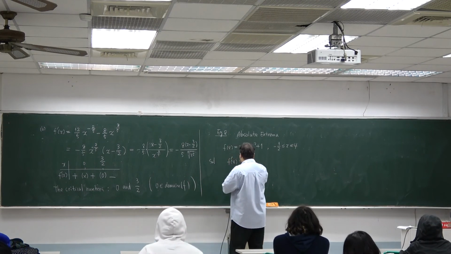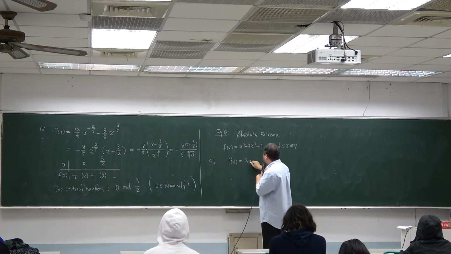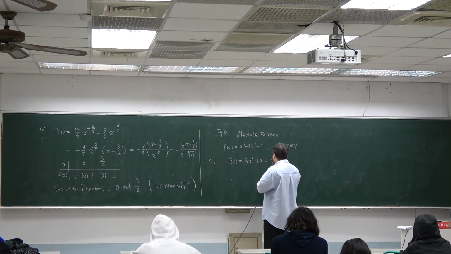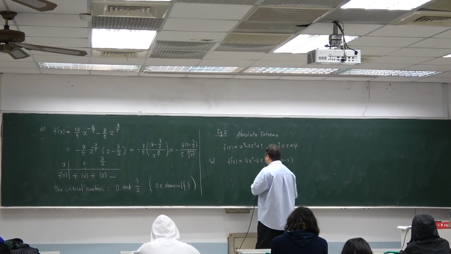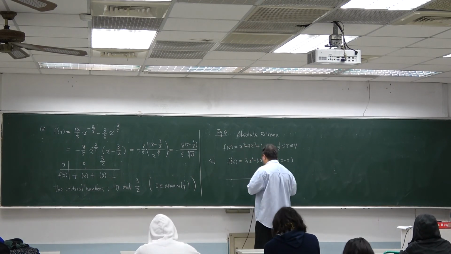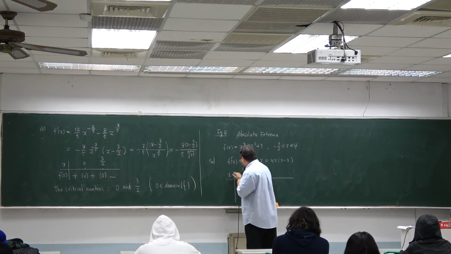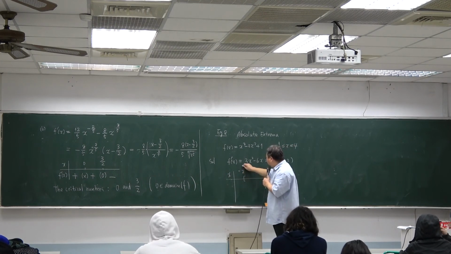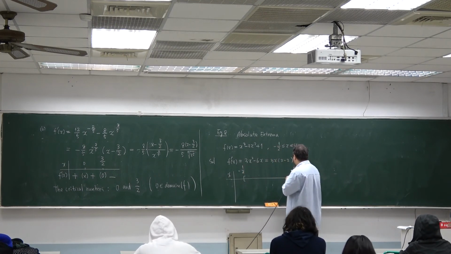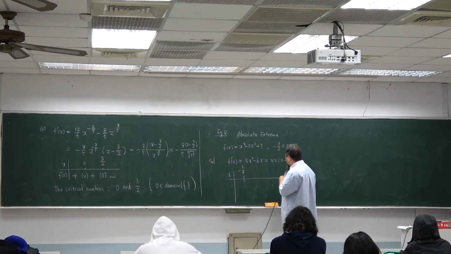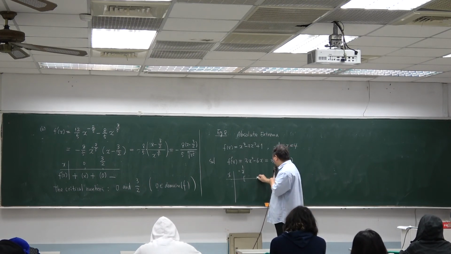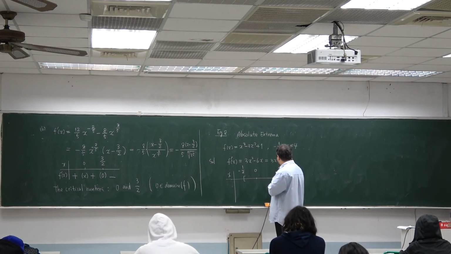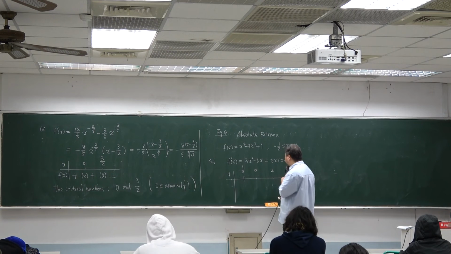The derivative of the function is 3x squared minus 6x, 3x(x minus 2). We use a table. Minus 1/2, 4, and 0 is interior to this interval, and 2 is also interior to this interval.